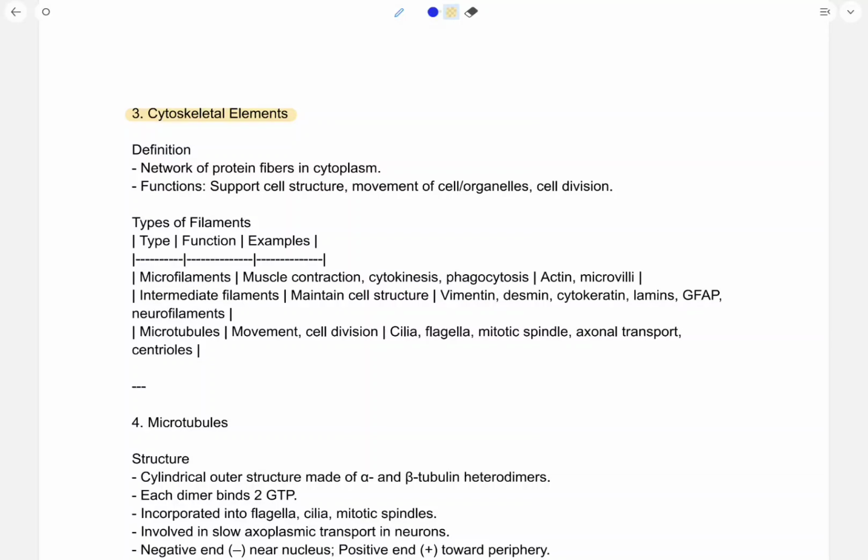Cytoskeletal elements are also located within the cell itself. The definition is a network of protein fibers in the cytoplasm, and the cytoplasm is located in the cell.